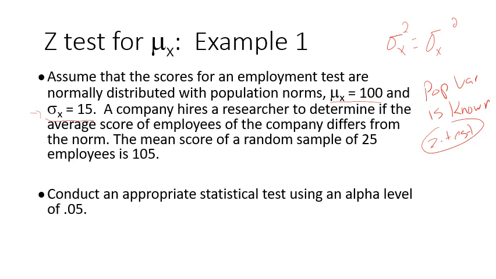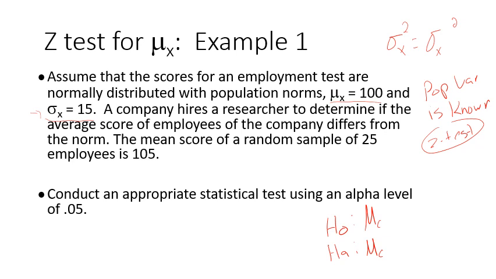The company hires a researcher to determine if the average score of employees differs from the norm. So we can already start thinking about our hypotheses. They'll be on the next slide, but let's look at the logic of how we create them. We are going to have the mean of the company. As I said last week, it's best to do the alternate hypothesis first.